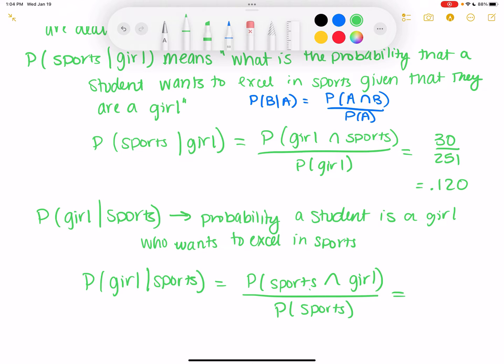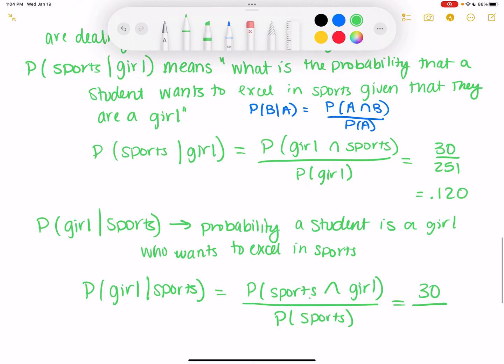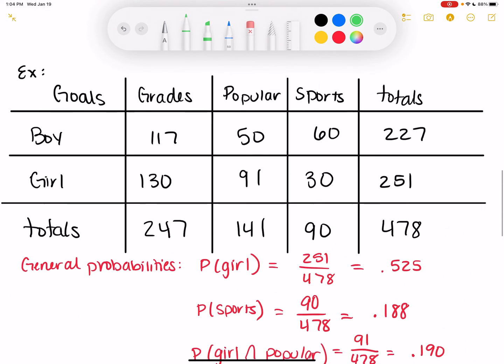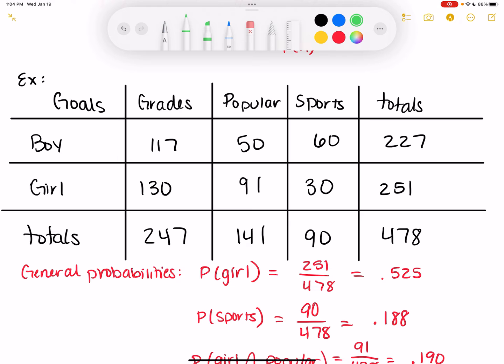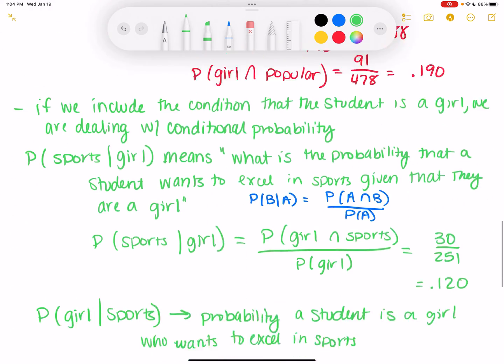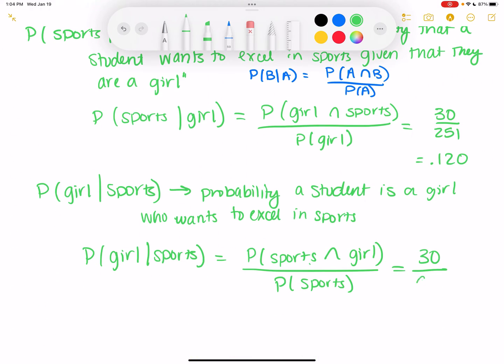So that's still the 30. But now the probability of sports, I need the total in sports. So I can go back up, in sports, I come down. The total is 90. So now it's 30 over 90, which is 1/3 or 0.33. I guess I could say 0.333 if I want to get technical since I said 3 decimal places.